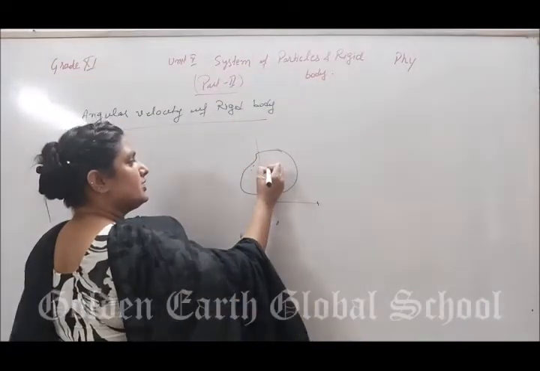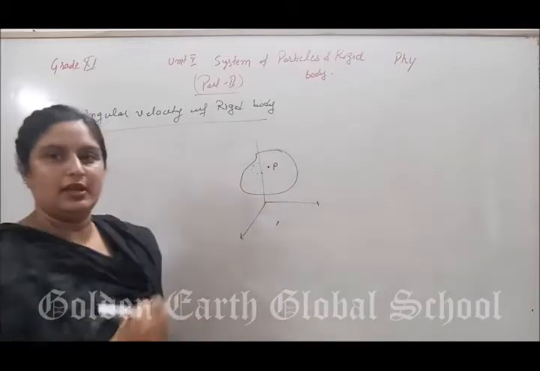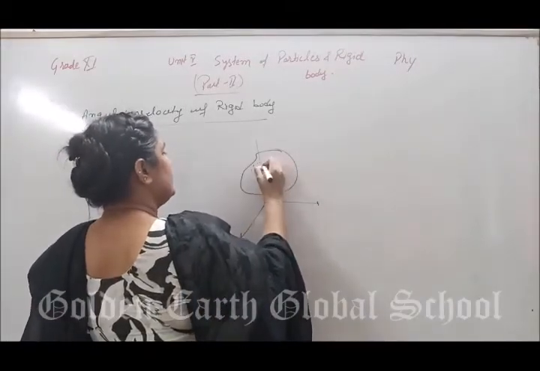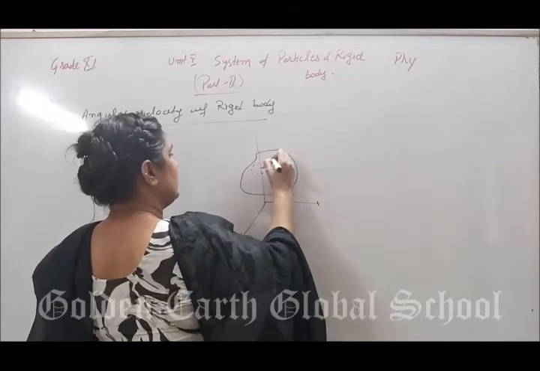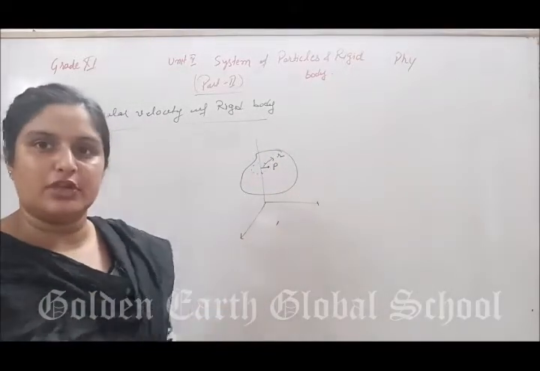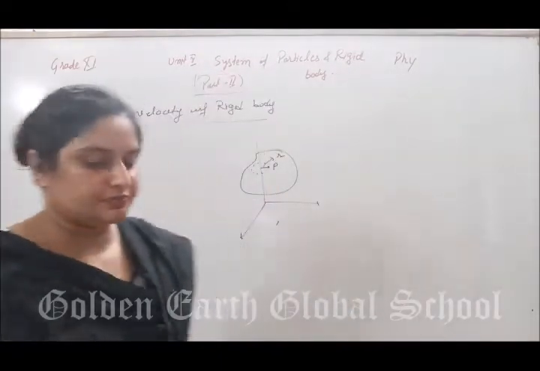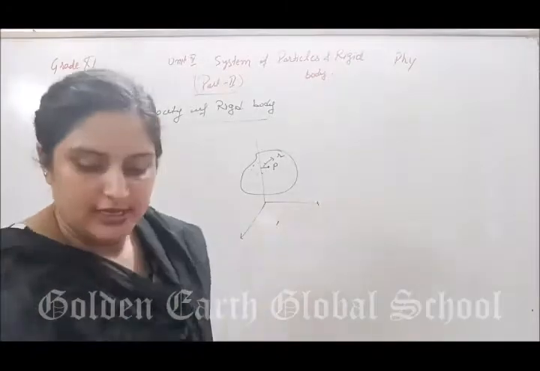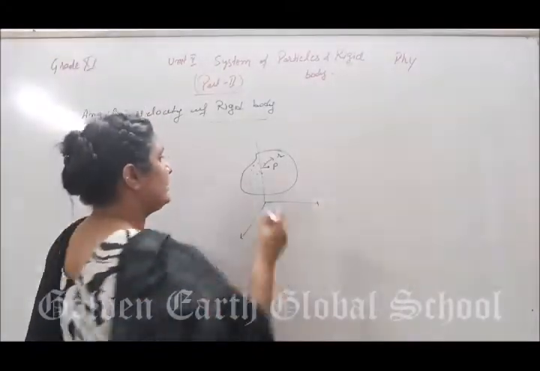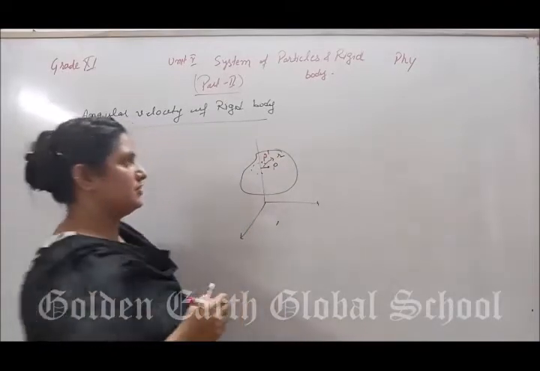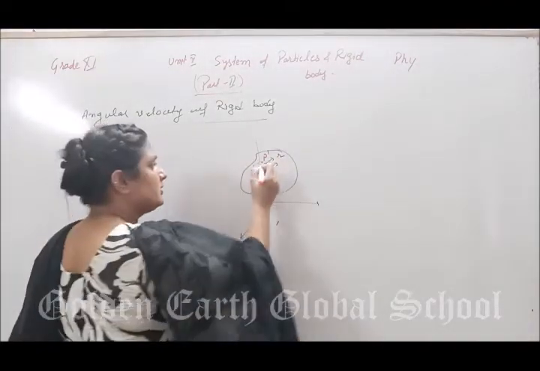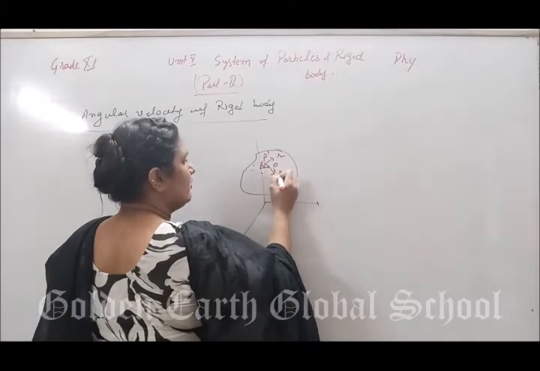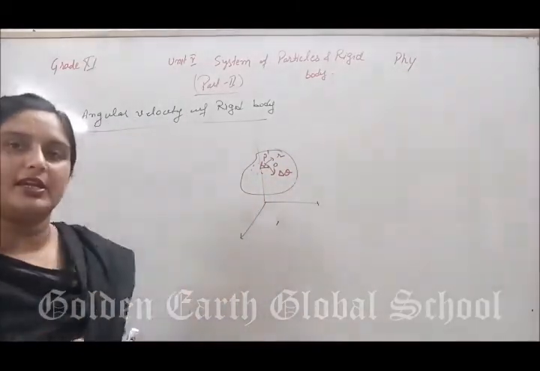Let us suppose I have taken the particle at point P at any time, such that the distance of the particle from the axis of rotation is given by r, and after time t, let us suppose this particle reaches the point P dash after a particular time delta t, such that the angular displacement covered is delta theta.